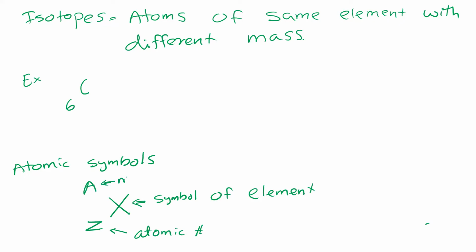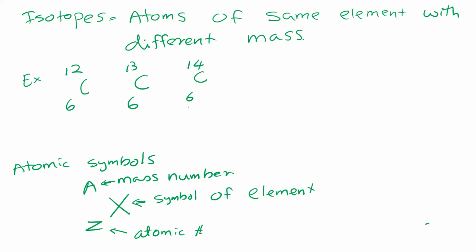I will come into what mass number is in a while. So in isotopes, we can write carbon with atomic number 6 and mass number 12, the same atomic number 6 with mass number 13, and atomic number 6 with mass number 14.